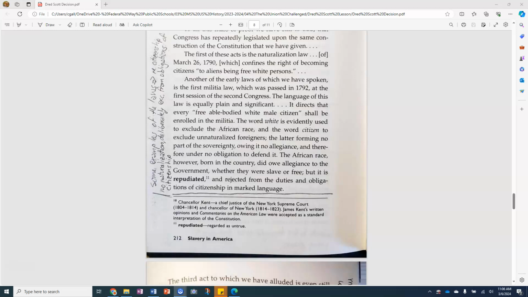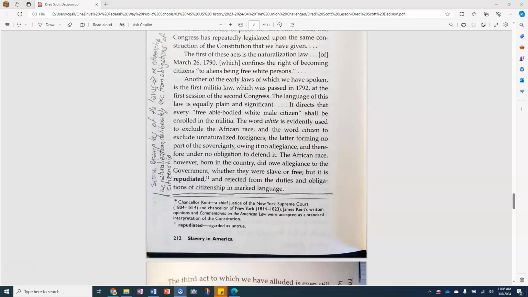So he says they're not part of the government. They don't owe any allegiance to the government, right? Therefore, they don't have to defend it. They're under no obligation to do so. Okay. And this law that he's talking about, by the way, is much like a draft. That's really what he's saying. Okay. So it's a draft law, and if you're not a citizen of the government, you don't owe the government an obligation to help protect it or help defend it.